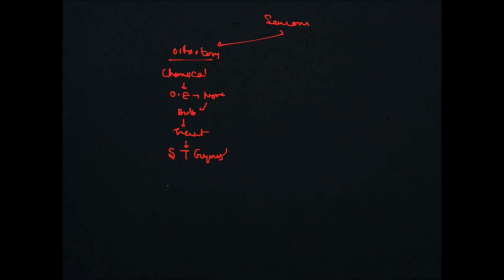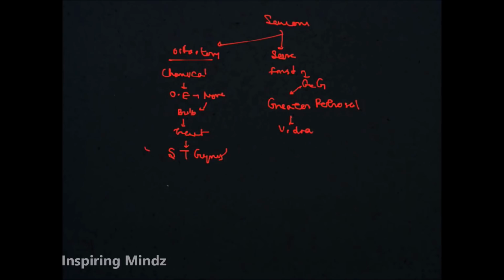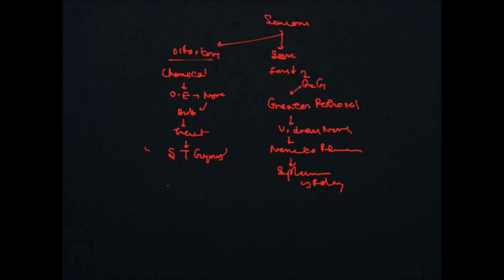Okay, next point. Secretomotor. First, geniculate ganglia, then greater petrosal nerve, vidian nerve, nerve of the pterygoid canal, finally sphenopalatine ganglia, relay, and then nasal mucosa.